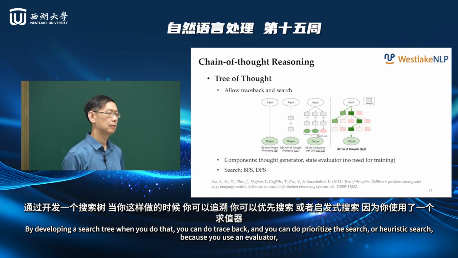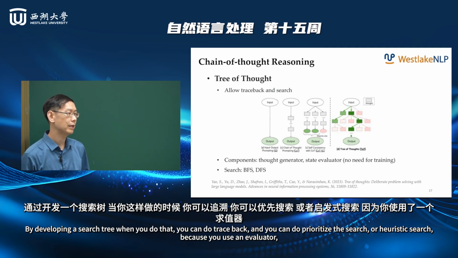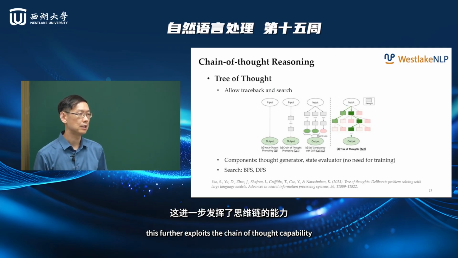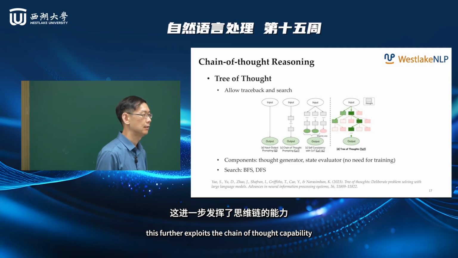When you do that, you can trace back, and you can do prioritized search or heuristic search because you use an evaluator. So this further exploits the chain of thought capability.